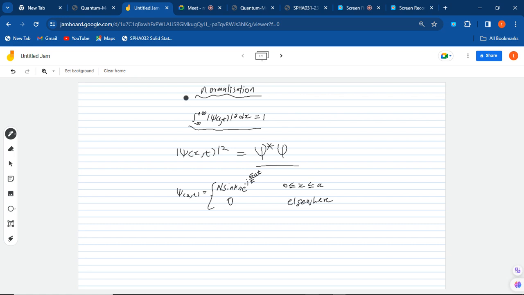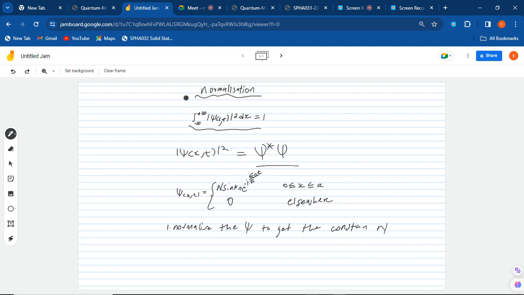They say normalize the wave function to get the constant N, which is this one.